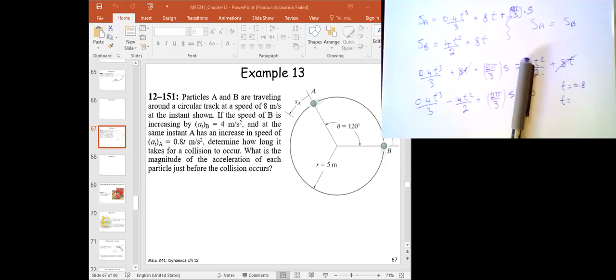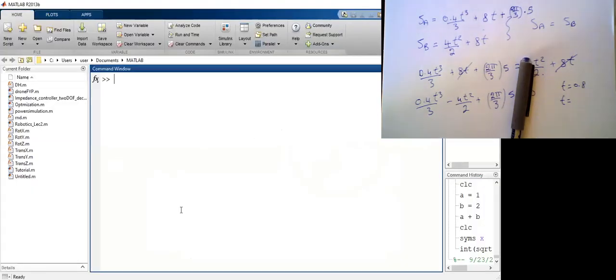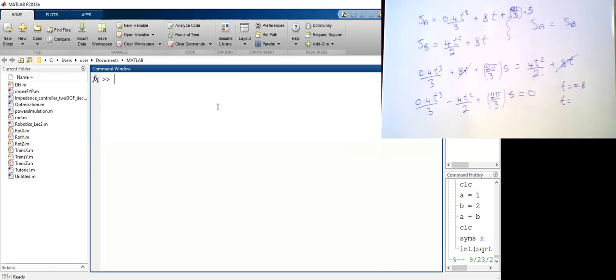let me actually quickly solve that so we are all clear on that. Okay, guys, so this is MATLAB that I have here, and I'm going to literally solve this equation.